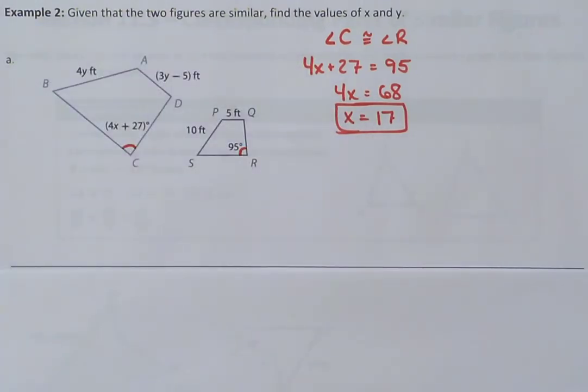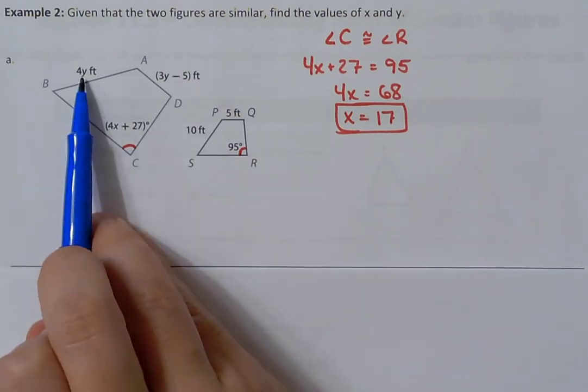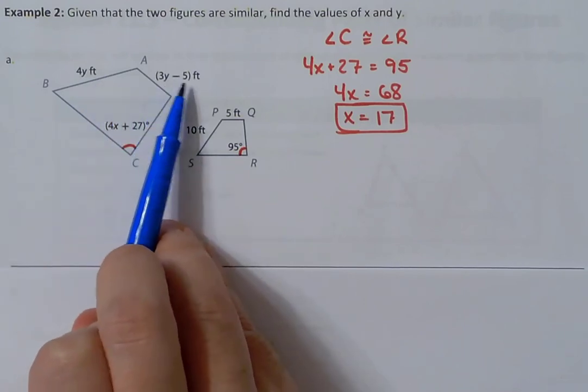So now that we have figured out what x equals, our next goal is to go through and figure out what y equals for this problem that allows these two figures to be similar. If we look at this, we have a 4y and then a 3y minus 5.